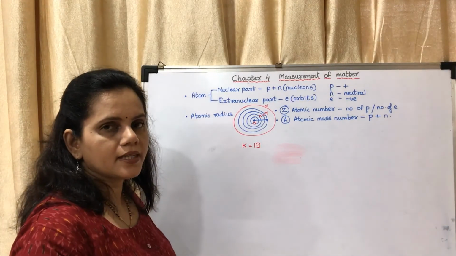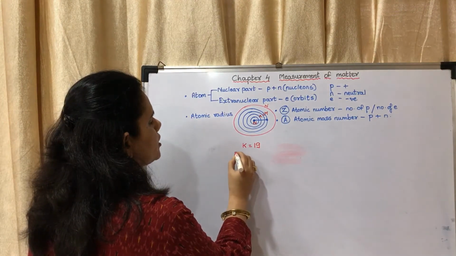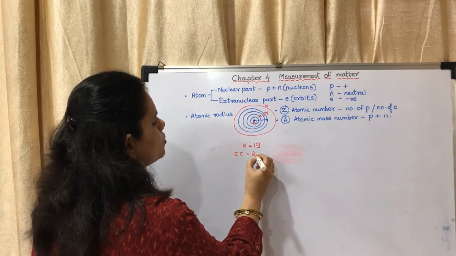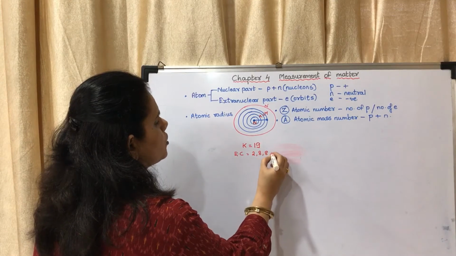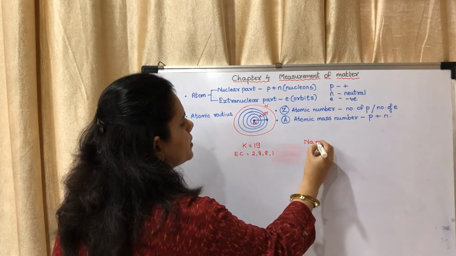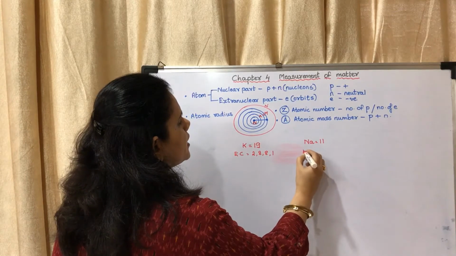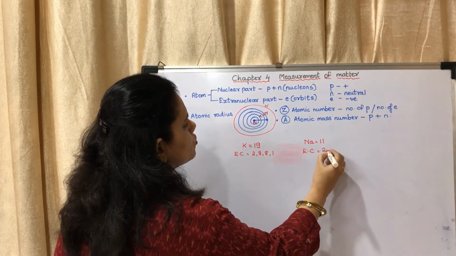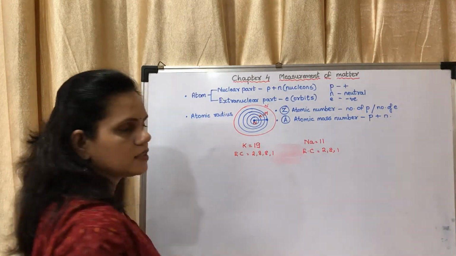Its electronic configuration is 2881, okay? Whereas sodium, its atomic number is 11. Its electronic configuration is 281, okay?